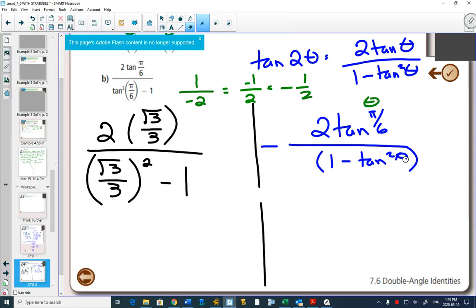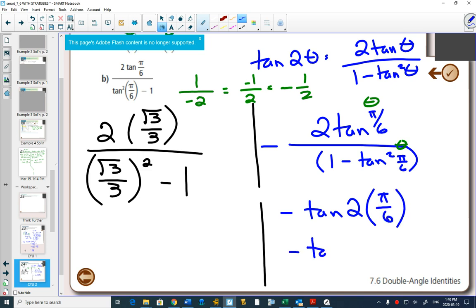Actually, I miswrote it here. There's no theta there. This should be pi over 6. Then it matches up with my formula. So I'm going to get that negative still out in front, tan of 2 times my angle. And so using the formula, a little bit more work at the beginning, but as far as getting the value, a lot less work.